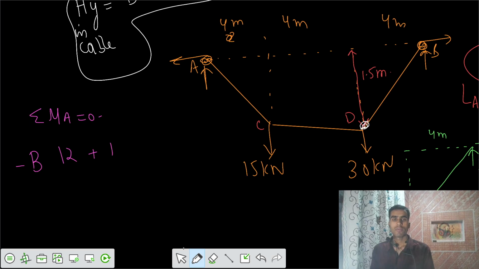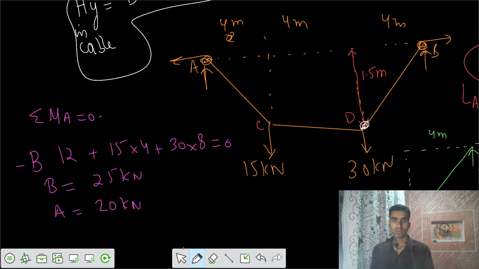That is 15 into 4 clockwise plus 30 into 8 clockwise equals to 0. So reaction B equals 25 kilonewton. And reaction A we also can solve: that is 25 minus 45, that's minus 20, so 20 kilonewton.